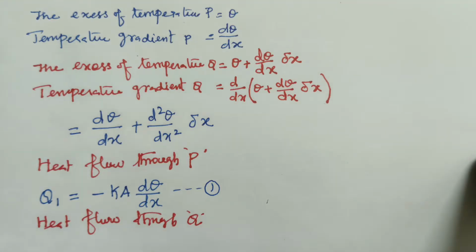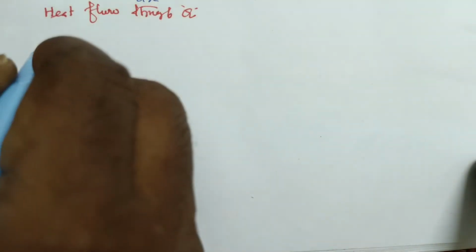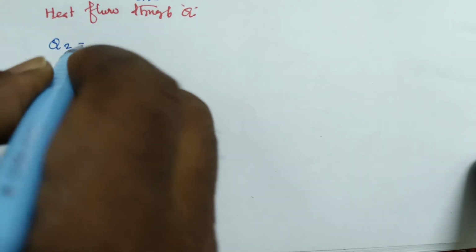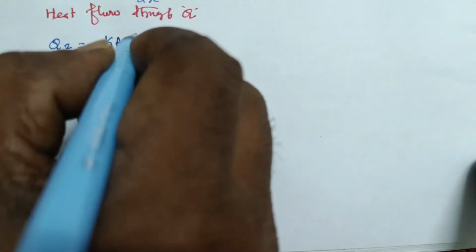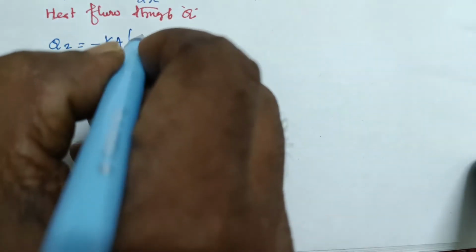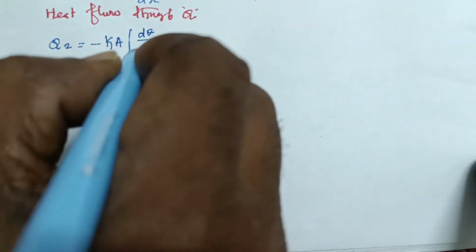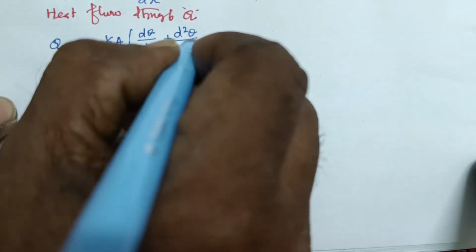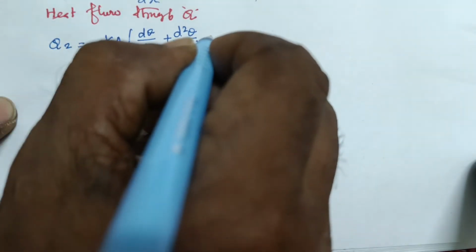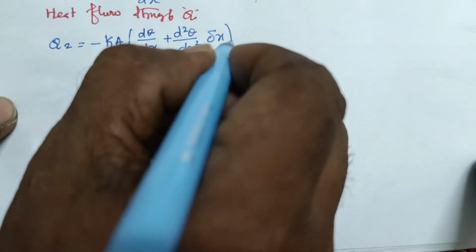Now you can find that Q2 is equal to minus Ka into d theta by dx plus d square theta by dx square into del x.